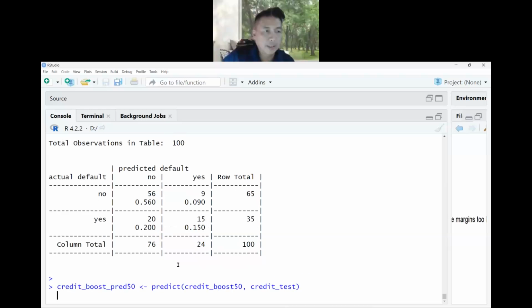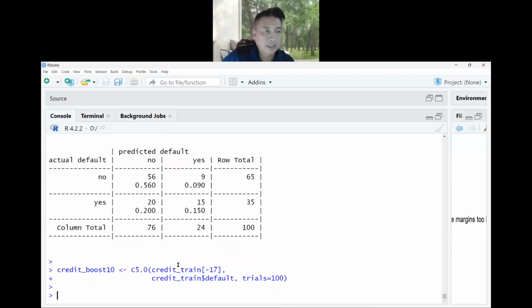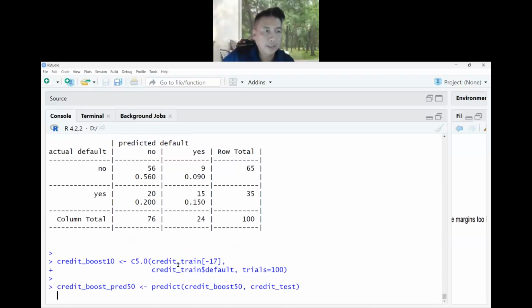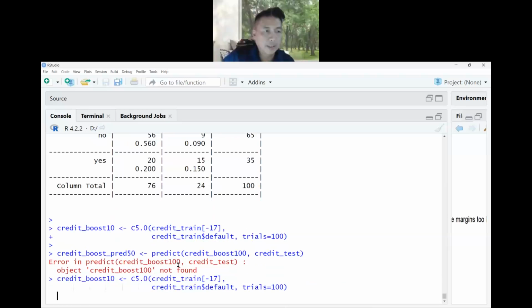So I want to try again. I want to train this one using 100 trees, and then I will perform the prediction using the 100 trees that I have. I forgot to change the name here, but this is 100.